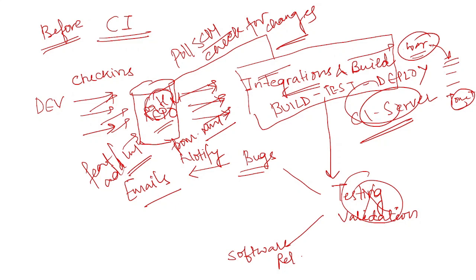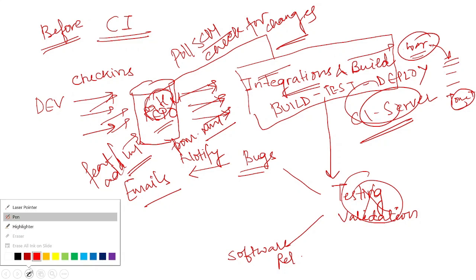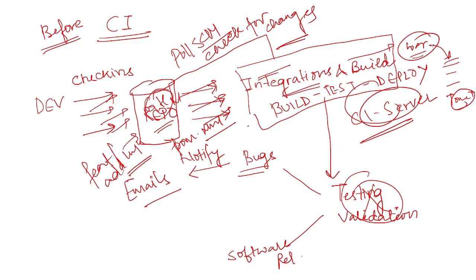In the after stage, let me change the color. The change that has been made after implementing DevOps or continuous integration is this phase: build, test, and deploy, and poll SCM or check for changes.